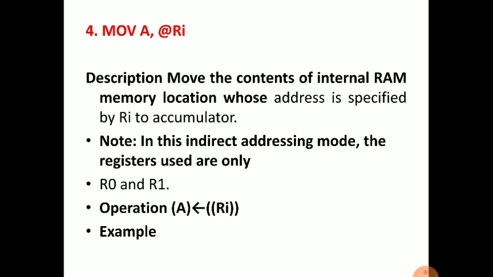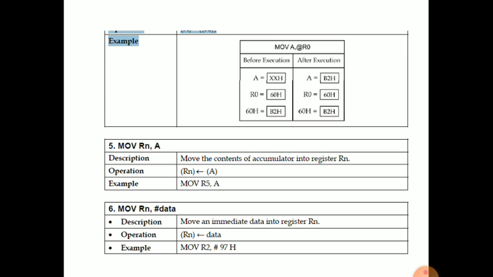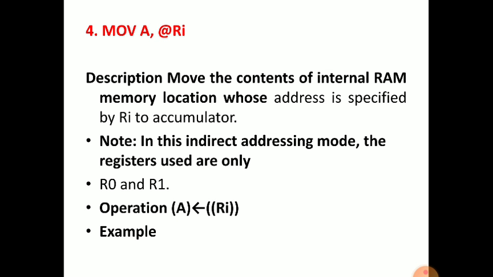And MOV A, @Ri, the indirect address, where the contents of the memory location pointed to by the indirect register mentioned will be copied onto the accumulator register. In all of these, the accumulator is the destination. Till now, up to 4 instructions.